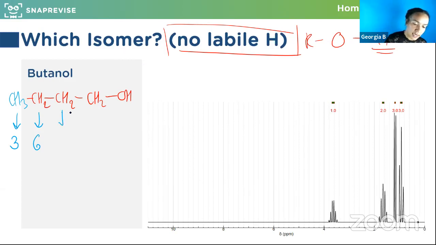What about the next CH2? What's my splitting pattern for the next CH2? N is not 2. Remember that n is the number of adjacent hydrogens, so the number of hydrogens attached to the carbons next to it, not on it. Does that make sense? You're not counting the number of hydrogens on the carbon you're looking at.